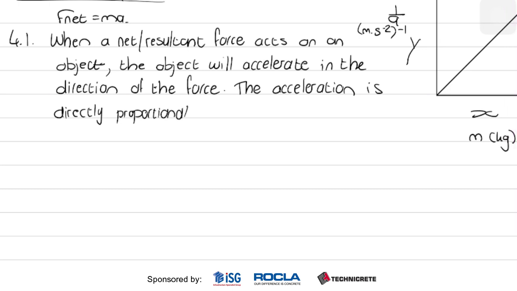And how do we know that it's directly proportional? We can see that A is directly proportional to F net, because when they are on opposite sides of the equal sign, so when x is equal to y, that is directly proportional. If x is equal to 1 over y, that is inversely proportional.